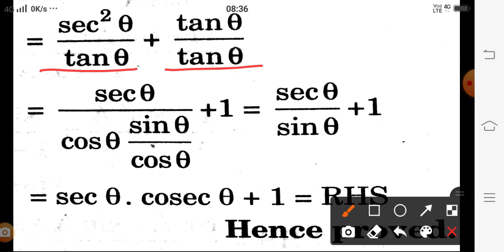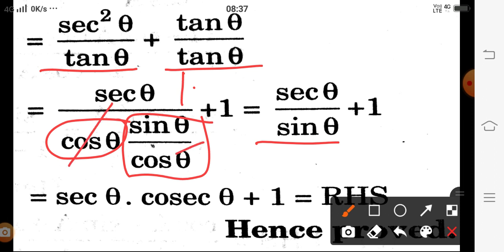We need the answer in sec and cosec, for this reason we are not converting sec theta, we are just writing the value of tan as sin upon cos, and on solving we are getting sec theta into sin theta. Then sec square theta is written as sec theta into sec theta, and one sec I am converting into 1 upon cos.